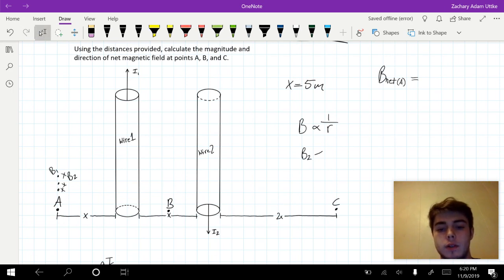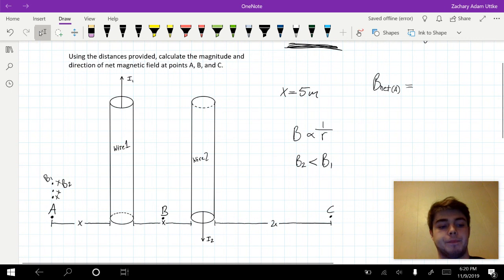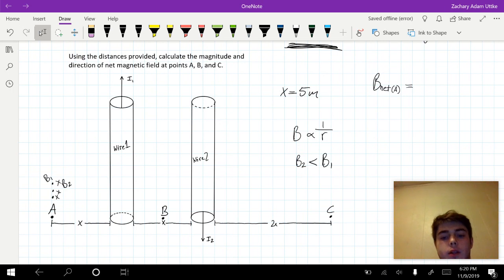So B2 is going to be less than B1, because the distance from wire 1 to point A is much smaller, meaning that B1 is greater. So the direction of the net magnetic field at point A is going to be in the direction of B1. So if B1 is coming out, that's going to be the net magnetic field.